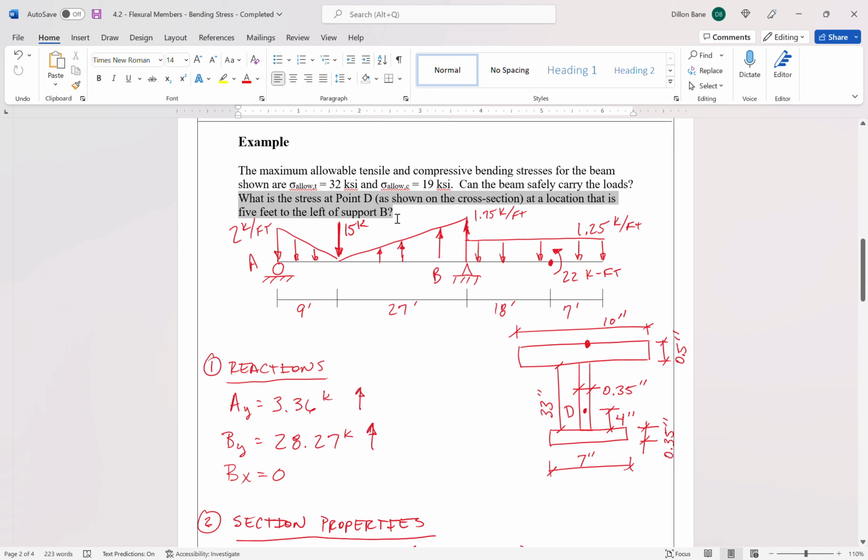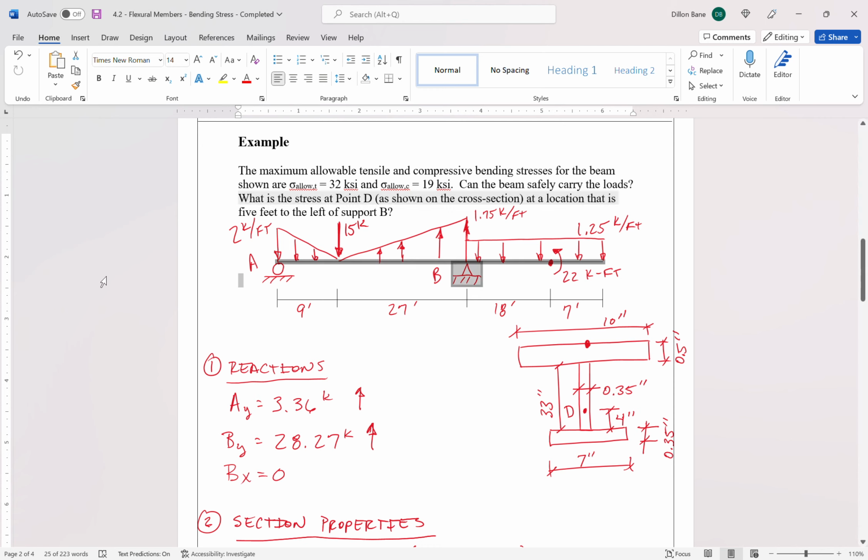So instead of just figuring out what the maximum stresses are, because the maximum stresses occur where the maximum moments are, now I'm asking for what is the stress at a specific point. Okay, so 5 foot to the left of point B, and at this specific point on the cross section, which is not going to be the maximum values, we need to calculate this up.